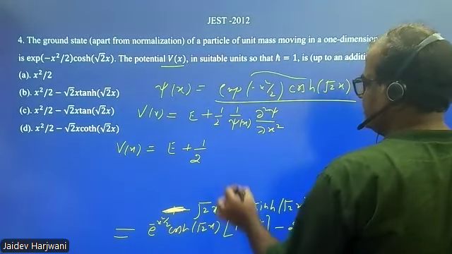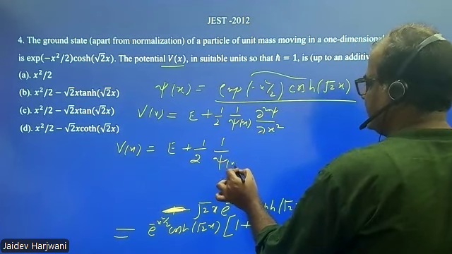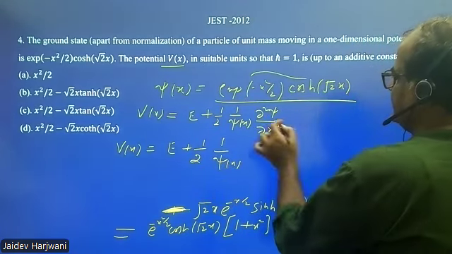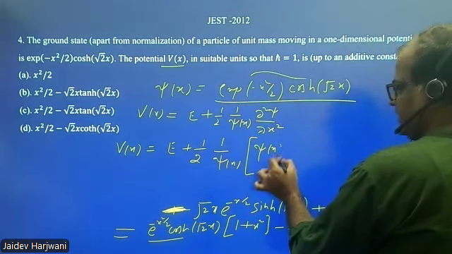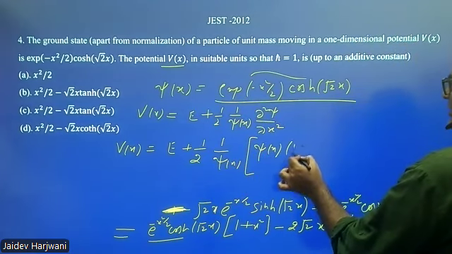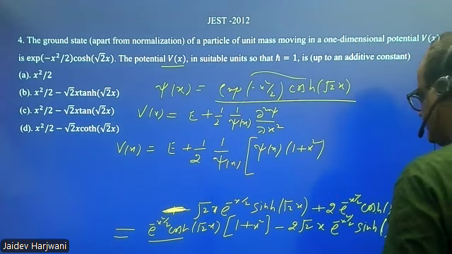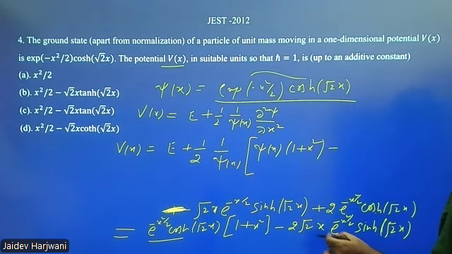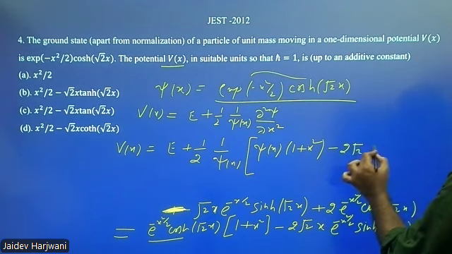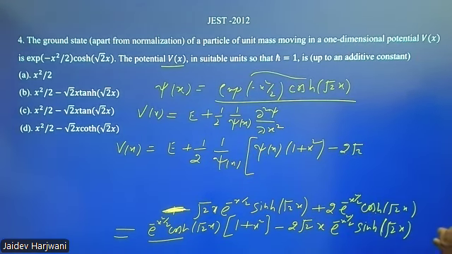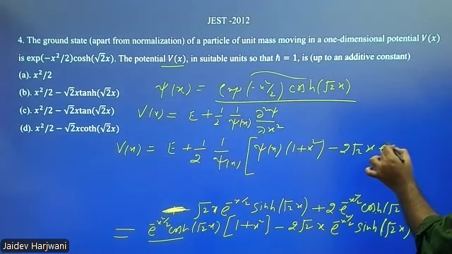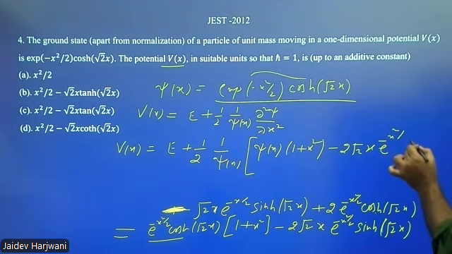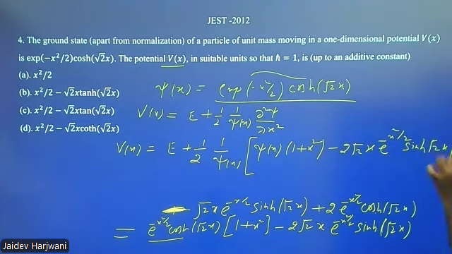So I'll write 1 upon psi x, and d2 psi upon dx square will be psi x times 1 plus x square, and then you have minus 2 root 2 x e power minus x square by 2 sine hyperbolic root 2x.